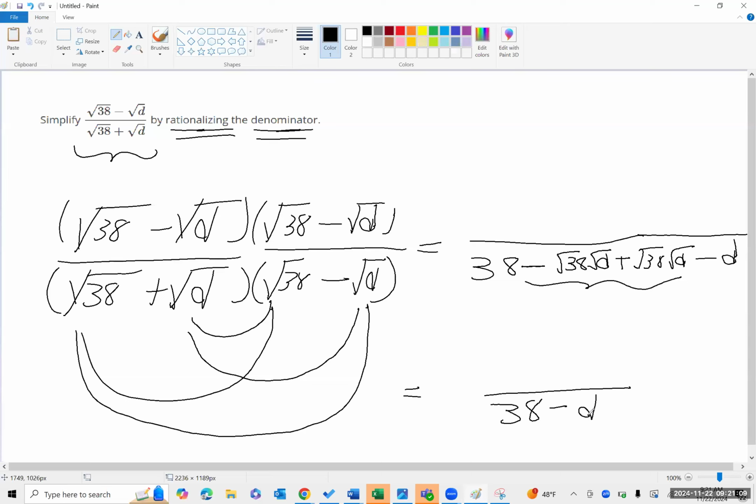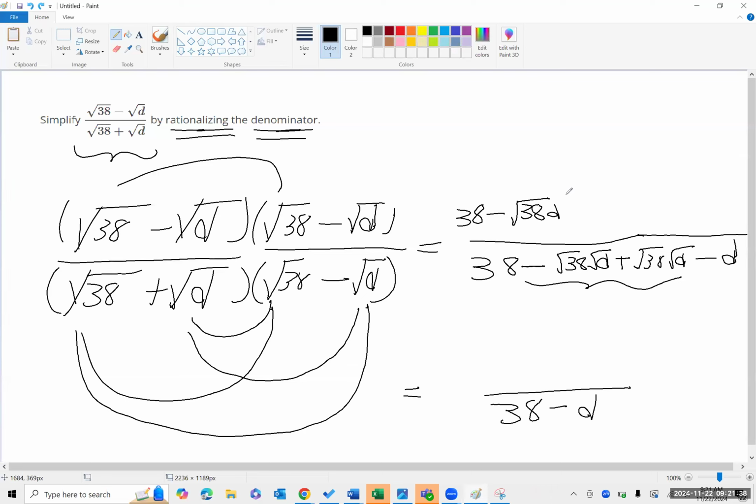Okay, now the numerator might get a little bit messy because you've got to do the whole FOIL method, and it's not going to come out as neatly. I'm going to do 38d on these, keeping it inside the same radical.